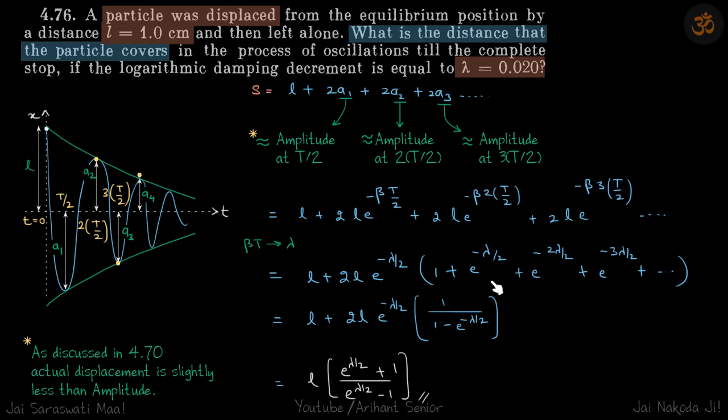The values of these terms are all less than 1, and it is a geometric progression as well. So this sum till infinity will be 1 upon 1 minus one of the terms. We simplify that and we will get our answer. All right.